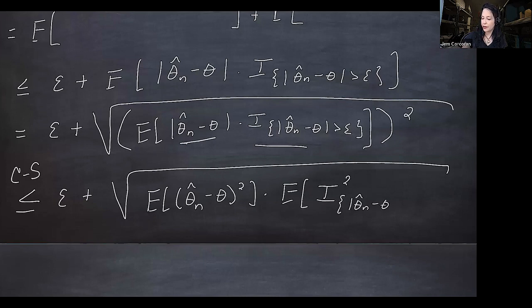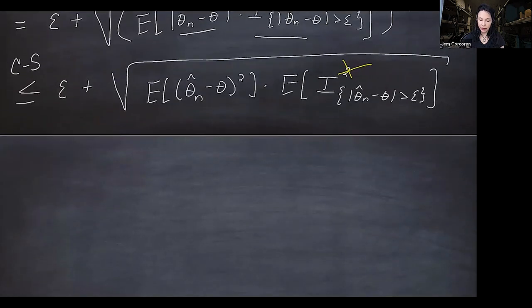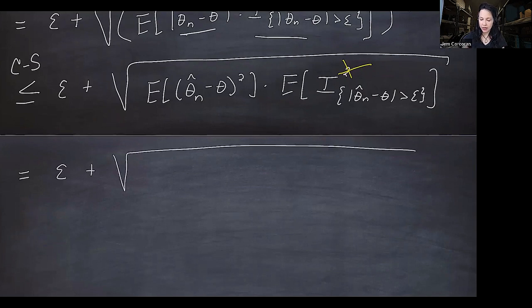But that's not all that interesting because an indicator is 0 or 1. So I get to drop this, and I don't want to waste a whole line writing that. There's a squared here, but because this only takes on the values 0 and 1, you can drop the squared. Okay, we're almost done. This is equal to epsilon plus a big square root.